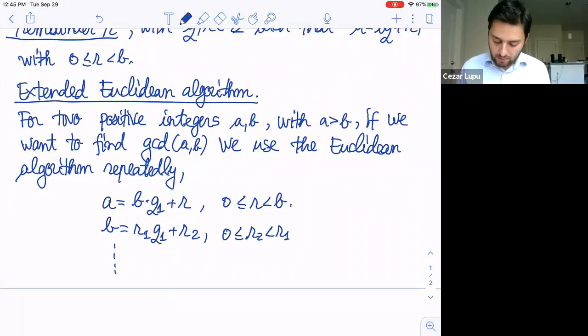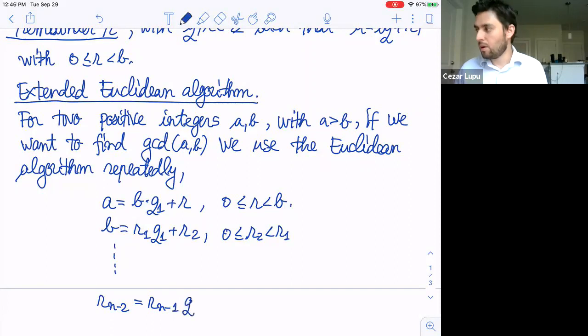So let's write the term before the last one. So I'll have something like this. Rn minus 2 will be something like Rn minus 1 times Qn plus Rn, right?